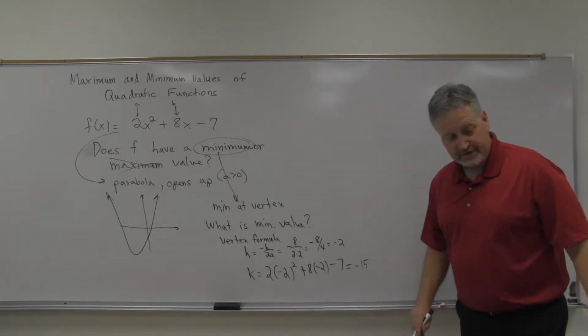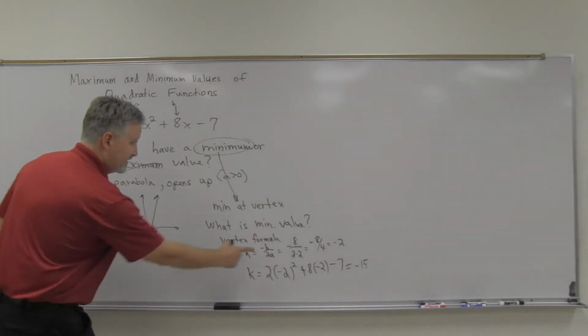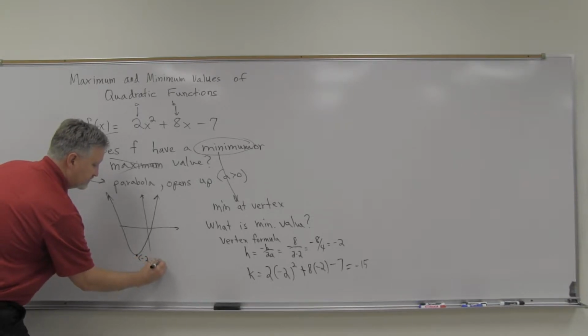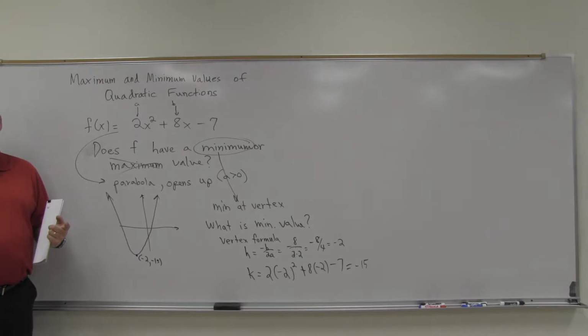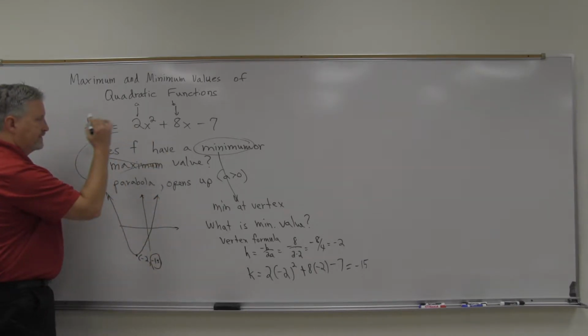So I've got the vertex now, it's negative 2, negative 15. And so which of those two is the actual minimum function value? Negative 15, yeah. So it's negative 15 here.